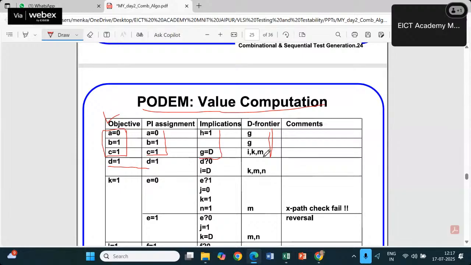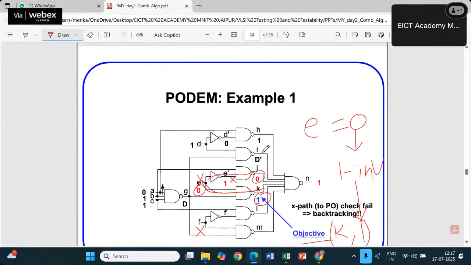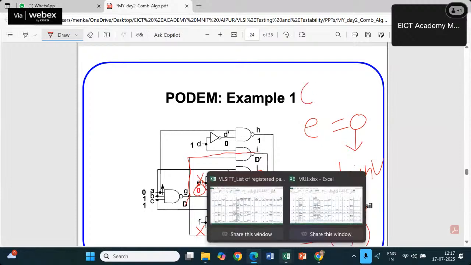So what is your target? Your target, let us say, is a PI assignment. So first of all, your target is what? Here your target is, this is D dash, right? What is your objective? D dash means what? Here it was D and this becomes D dash. D dash means it is 0, 1.